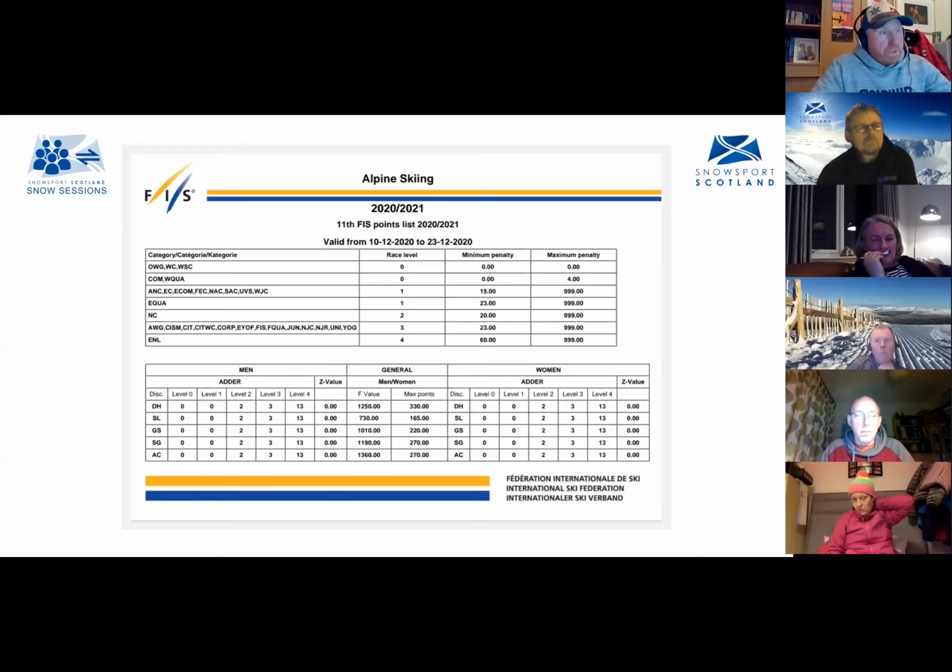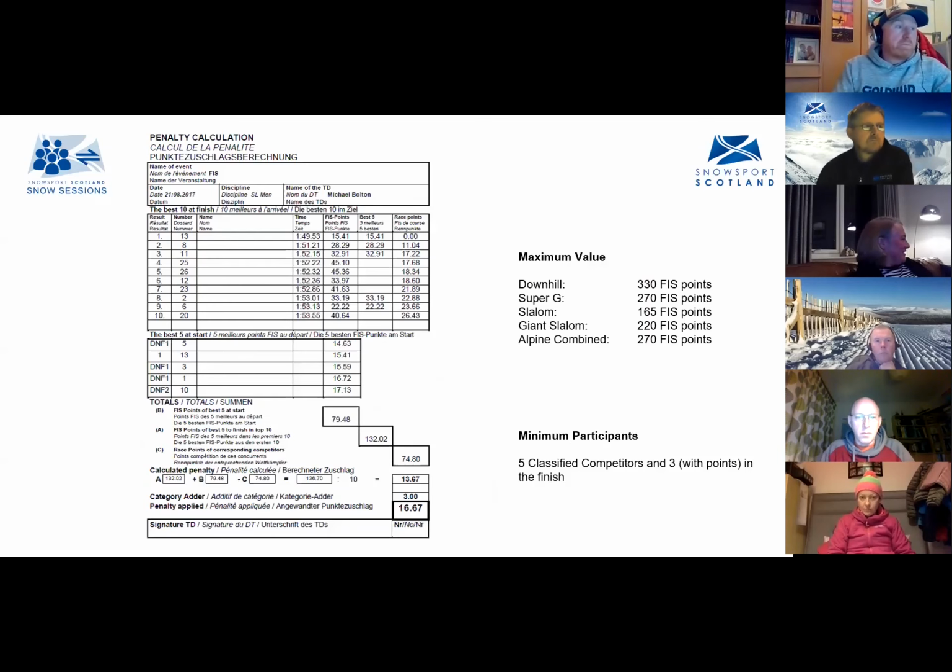Some of the other things in this document that you need in order to work out the penalty are the F values, that factor is different per event. And then again, you see the max points. If we quickly drop back one slide, please, Ian. Those max points correspond to the maximum values that I was telling you about before that you would slot into the calculation.